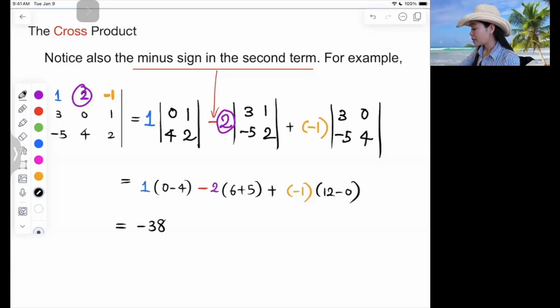You distribute the minus sign into one of either the columns or the rows, so you can put negative 3 and plus 5. If we distribute the minus sign into this matrix, we get the same determinant.